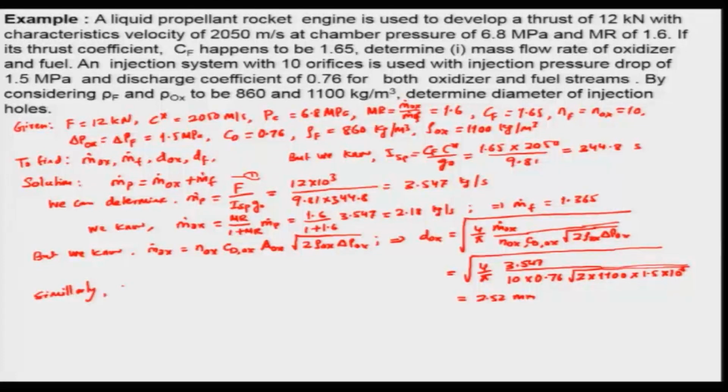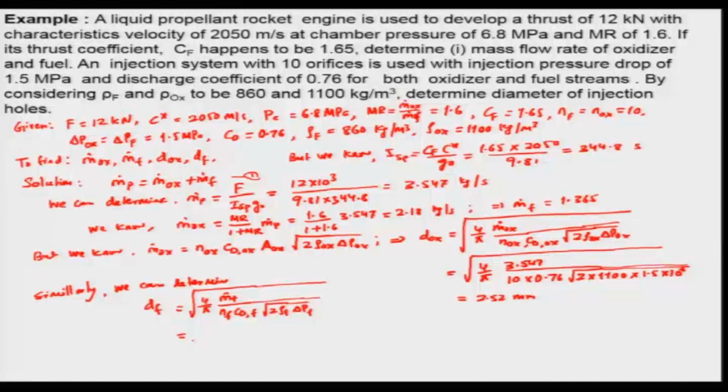And similarly, we can determine the diameter of the fuel orifice as 4 by pi, m dot fuel, divided by n of fuel, C d of fuel, root over 2 rho of fuel delta P across the fuel stream.